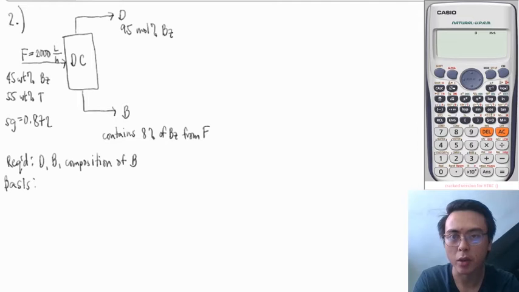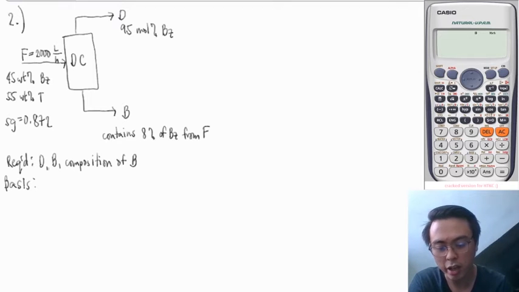Our basis will be coming from the feed. That's 2,000 liters per hour. So that's a volumetric flow rate. And you know that if you're given a flow rate, then you can use the time as the basis. Okay. So our basis here is 1 hour of operation, such that we already have a value of F, which is 2000 liters.